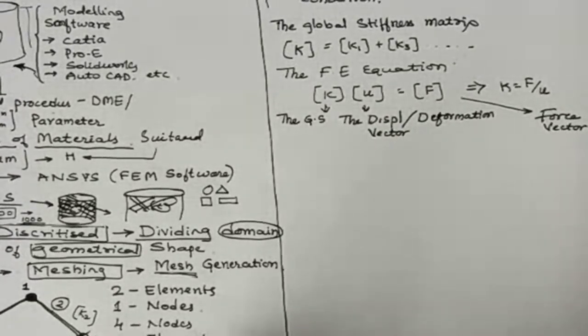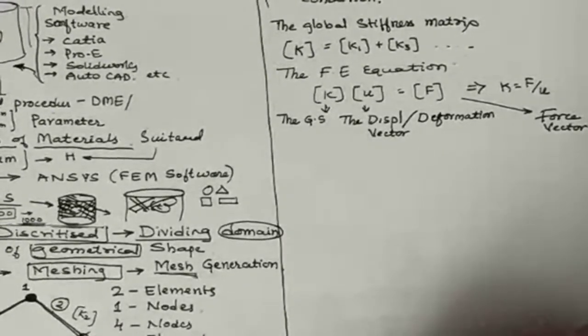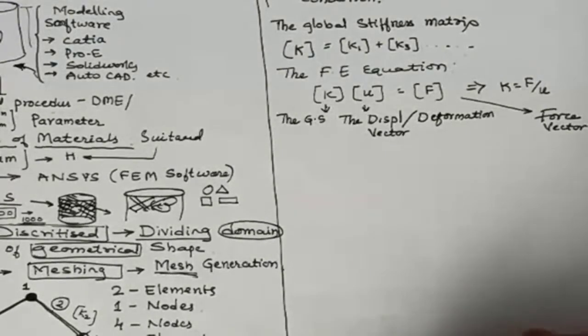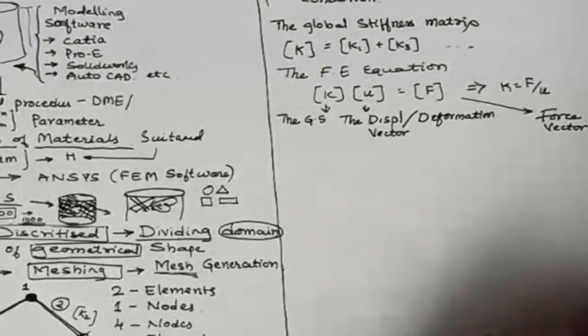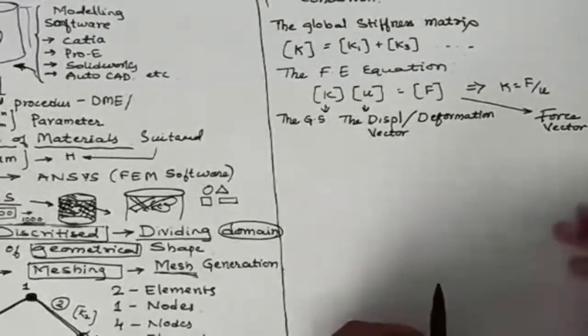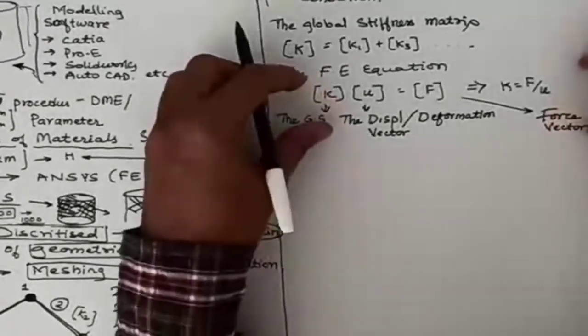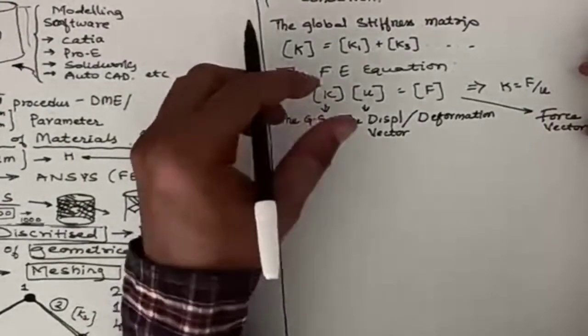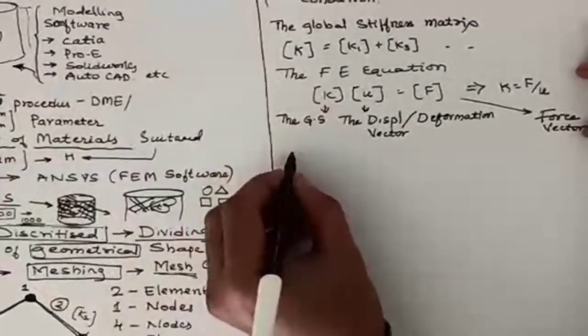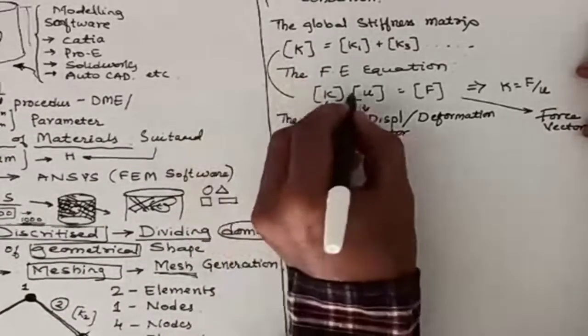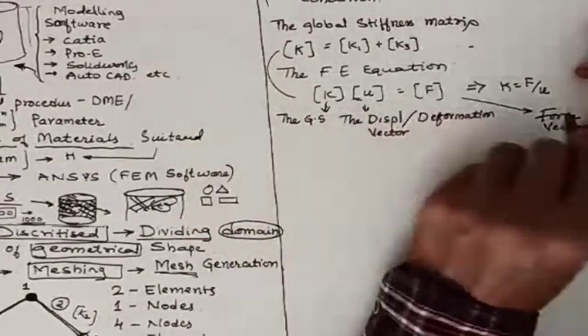Once you get to the actual problem or concept, then you can understand. Now this is general; in general I'm telling. Once the finite element equation is formed, then we will apply the boundary condition. K is the global stiffness matrix, U is the displacement vector, F is the force vector.